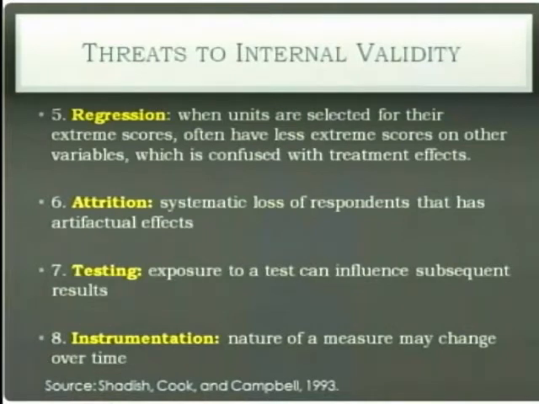And similarly, instrumentation: the nature of the measure may change over time. So for example, in the work I was talking about on the dynamic chronicity of developmental delays, oftentimes the same developmental exam is not appropriate for kids across all ages. So if I show a big drop-off or a big gain in developmental delays, and I'm not using the same measure between, let's say, 24 months and 48 months, one could argue it wasn't really the kids.